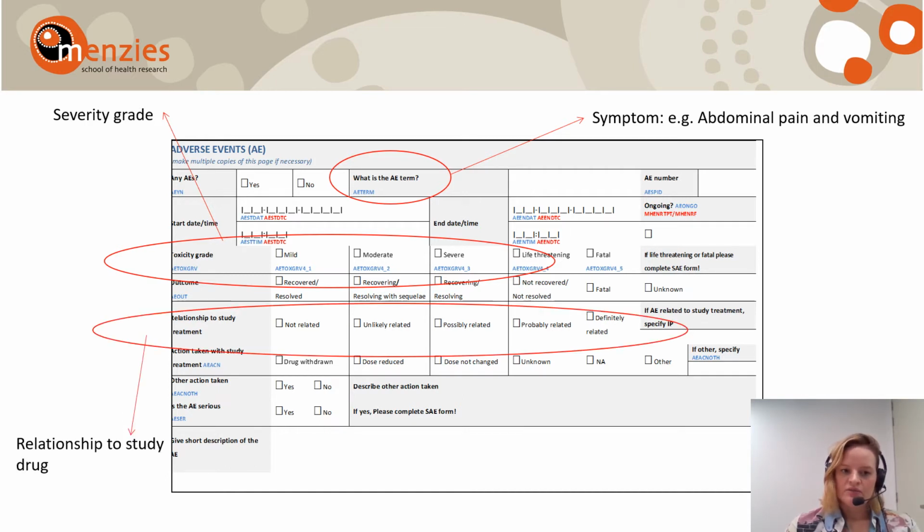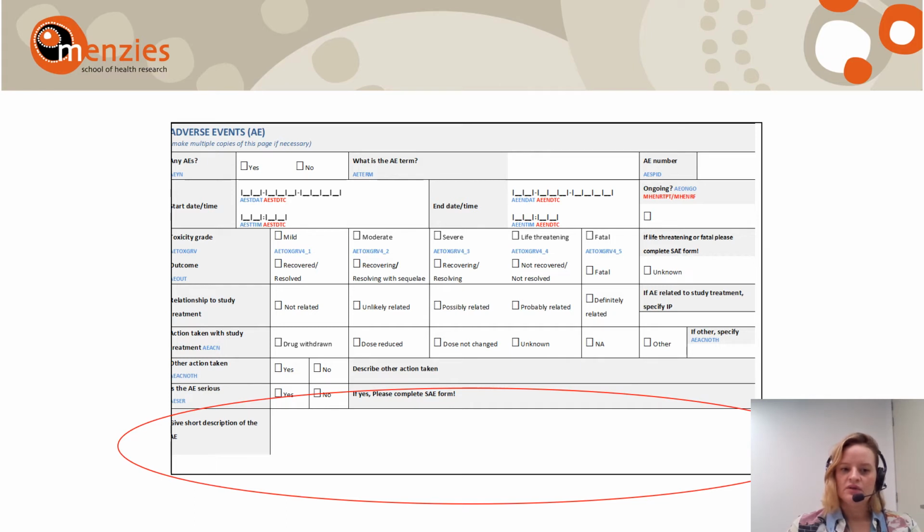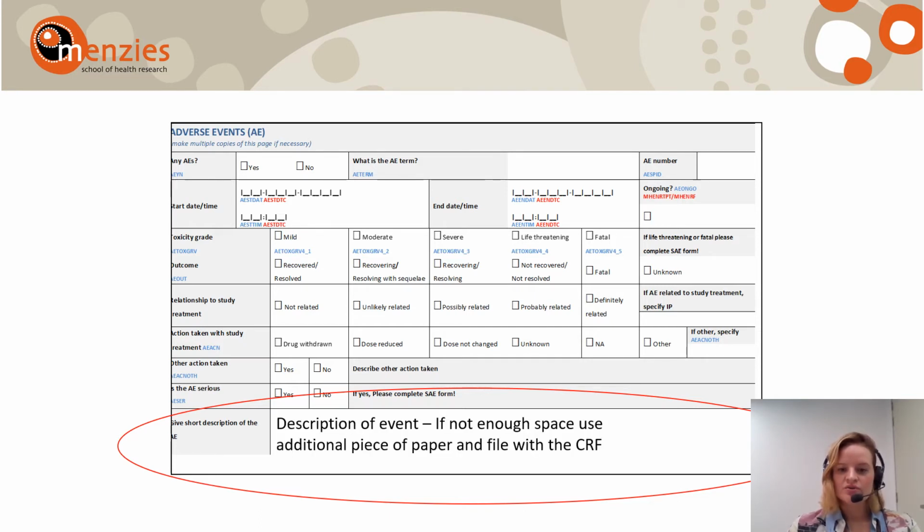So we recently went through the relationship to study drugs, and as we said, it relates to the temporal causal relationship you can assess with that adverse event. And finally, we need a short description of the AE. If it is straightforward or if it is longer, please put as much detail as possible. You can also use an additional piece of paper and file that with the CRF and the participant notes.